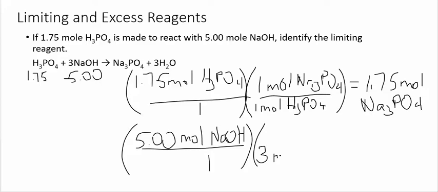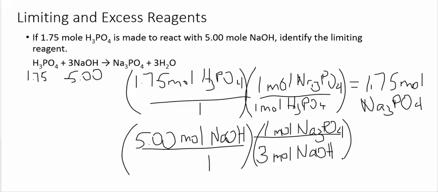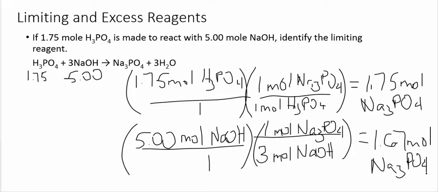In this case, it's 3 moles of NaOH for every 1 mole of Na3PO4. So 5 moles of NaOH would produce 1.67 moles of Na3PO4. Now the question is, what is the limiting reagent?